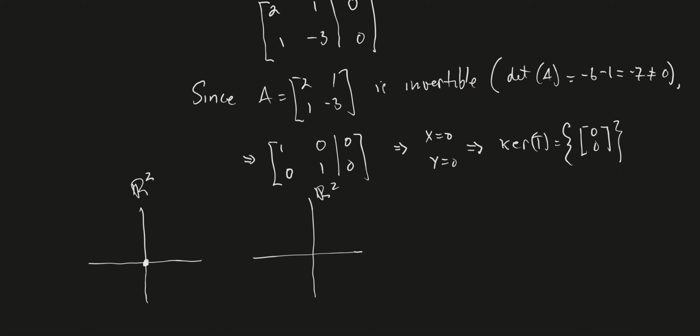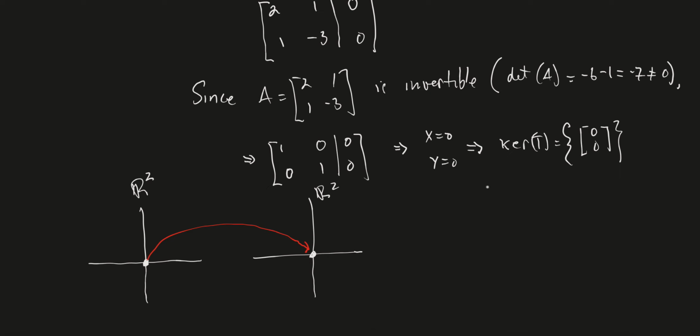But my transformation maps this onto this, so that's the kernel. So what would you say about the basis? Well, the basis is just the 0 vector, the vector 0, 0. What would you say about its dimension? Well, a point has 0 dimension, unlike a line or a plane.